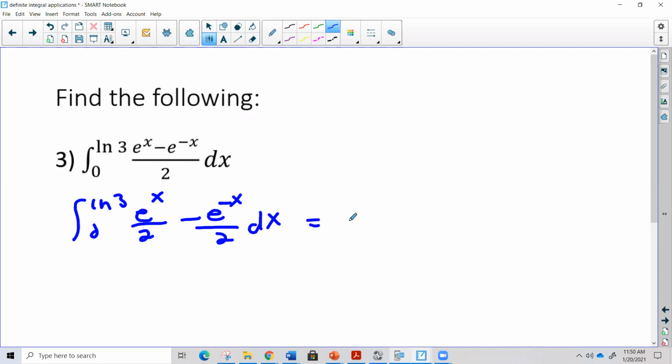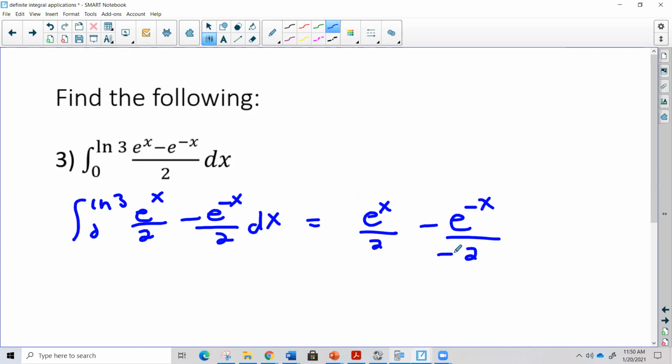Okay, so now when I take the antiderivative, e to the x is just itself, and we leave that constant in front. Okay, e to the negative x is itself, again, it would be over 2, but remember, you always divide by the derivative of the exponent. So the derivative of negative x is -1.